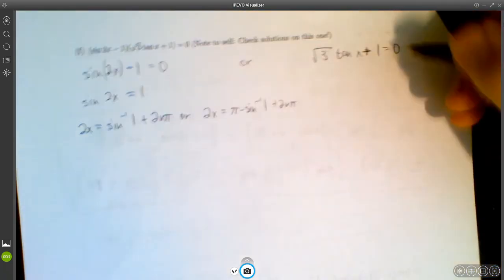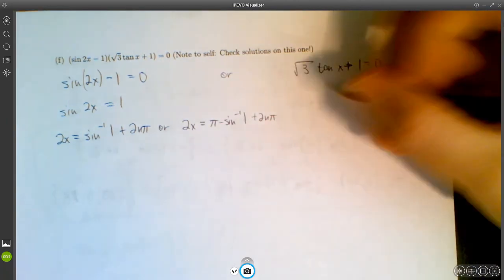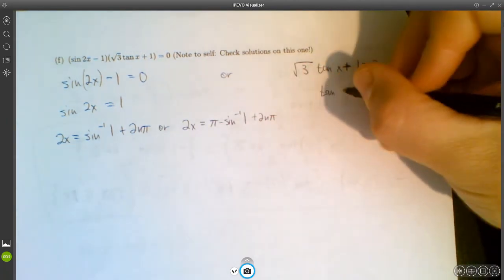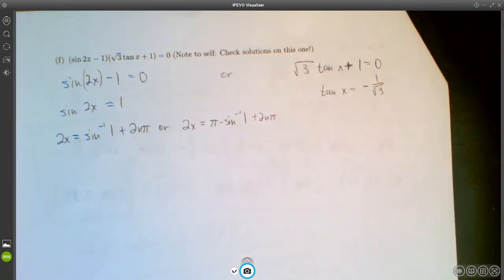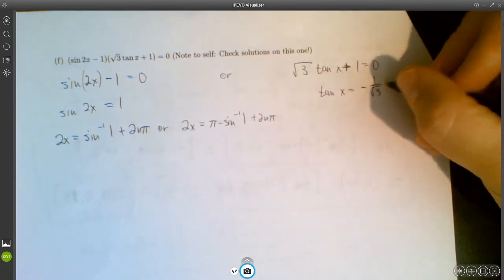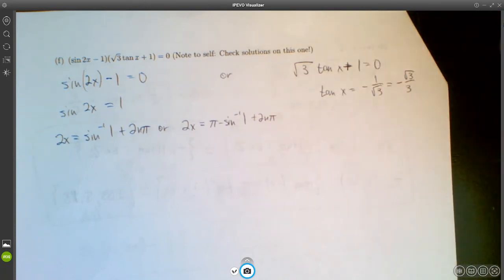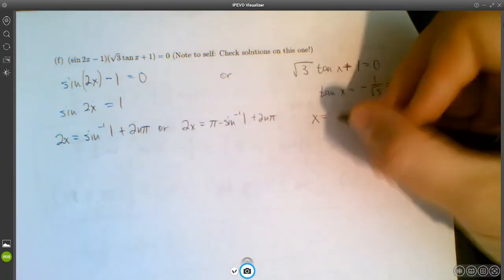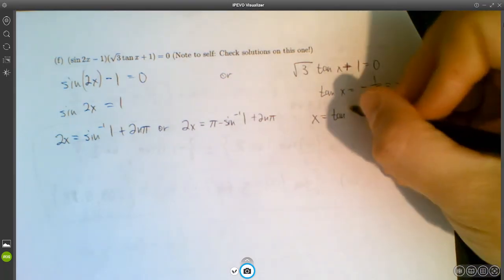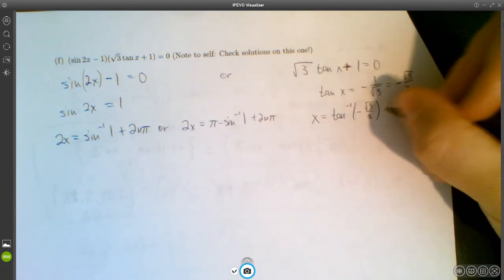Now the second one we can subtract 1 and then divide by root 3. We're going to get tangent x equals negative 1 over root 3. Or if you like to rationalize, that would be negative root 3 over 3, right? That tells us that x is tangent inverse of negative root 3 over 3 plus n pi.